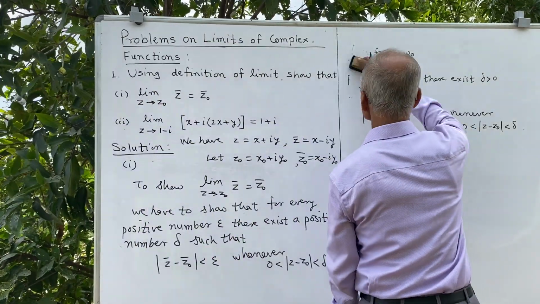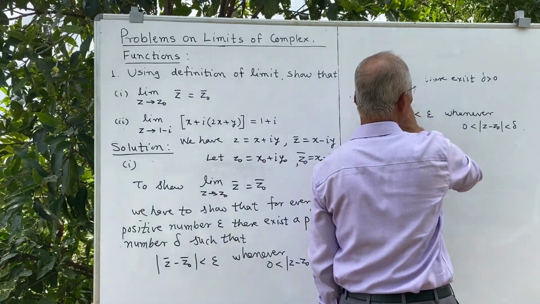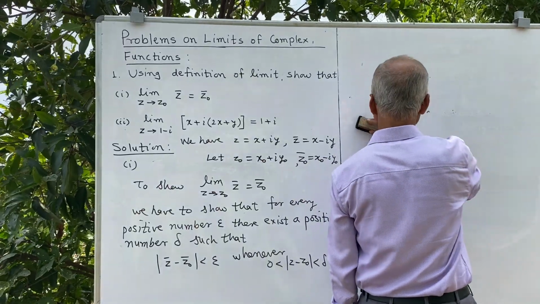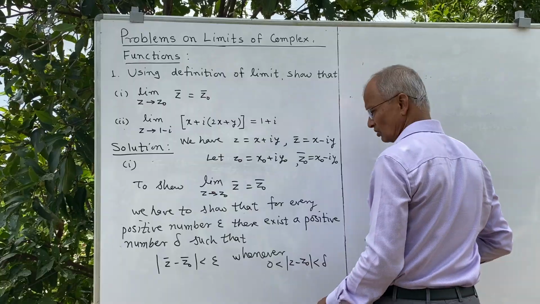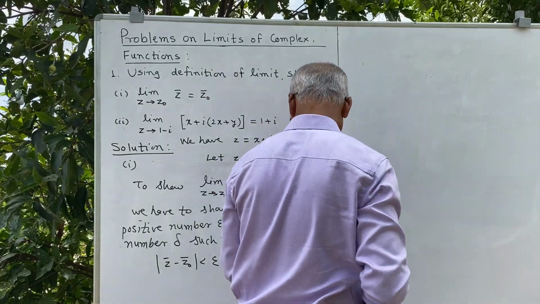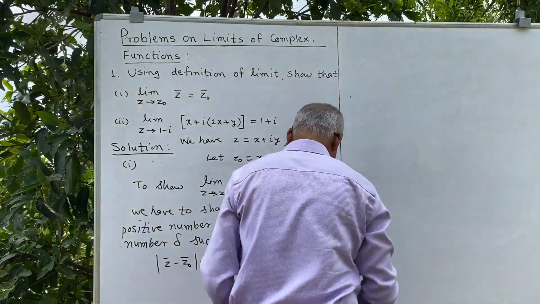Now, we will call this statement 1, and then we have to find delta. Given epsilon greater than 0, we have to show that there exists delta greater than 0.